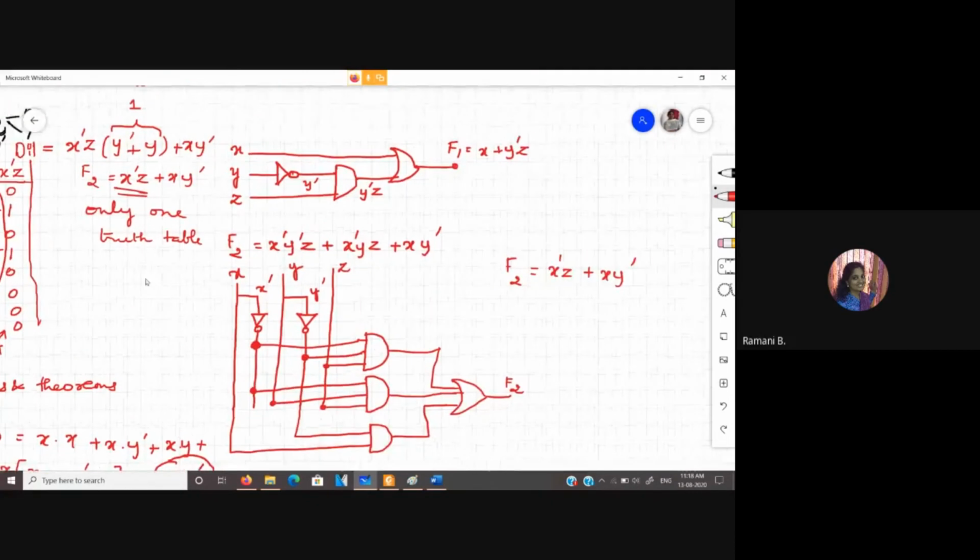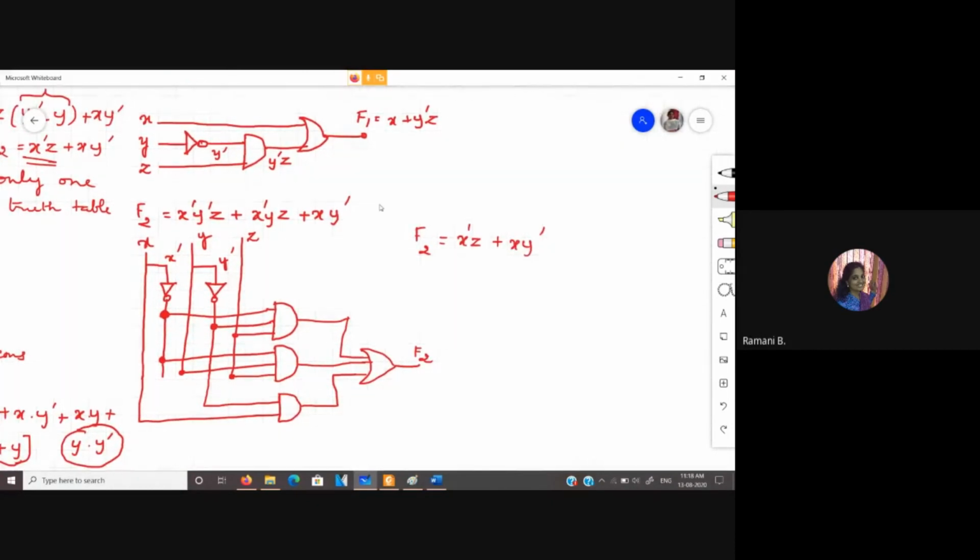Now if I am going to implement this, we have x bar, then straight away I have y bar and z.